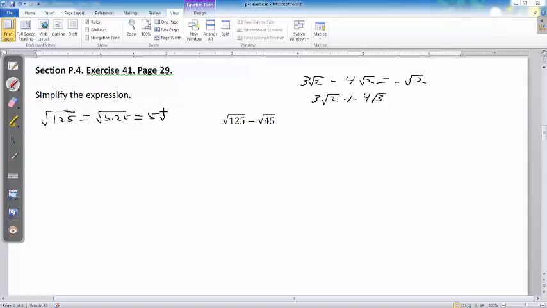I get 5 on the outside, 5 on the inside. 45. If I pull out a 5 from it, I get 5 times 9. And 9 is a perfect square. So square root of 9 is 3. 3 root 5. So yeah, we should be able to subtract these. 5 root 5 minus 3 root 5.